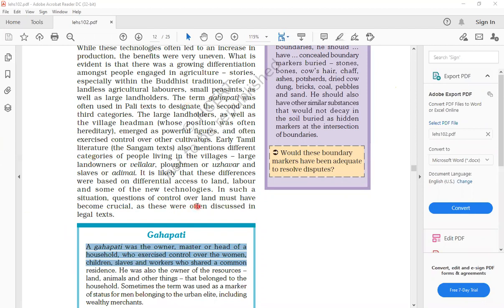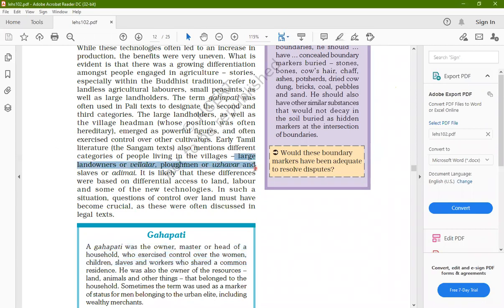Now, who were the powerful figures who exercised control over the cultivators? Now we have large landowners and village headmen. This is very common. Here you have been given some names: large landowners, Vellalar, plowmen, Uzhavar, and slaves or Adimai. These names are in Tamil, so you can see the Tamil language was very prominent in these days.